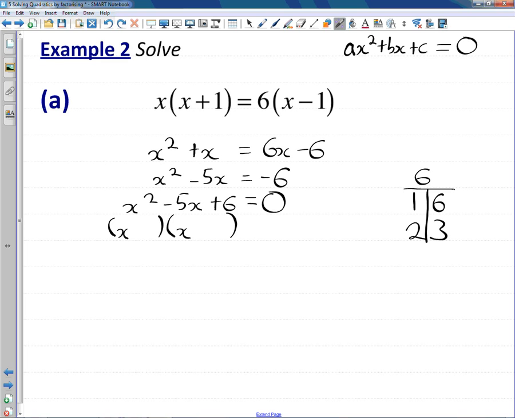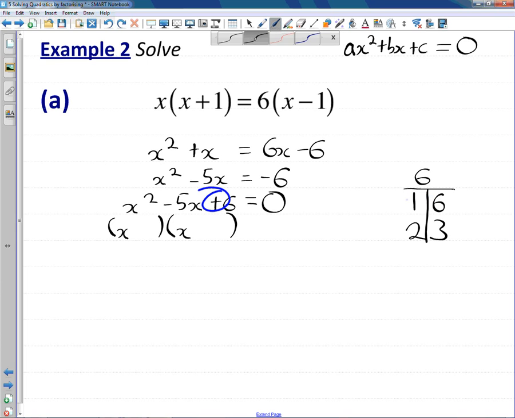The problem is that both the signs will have to be the same, because it's a positive 6 there. So this one will not work, because whilst you can get 5, or at least you get negative 5, which is what's there. You would get negative 5 with a minus 6x and a plus 1. But that will not be permitted, because you're not going to get a plus 6x there.